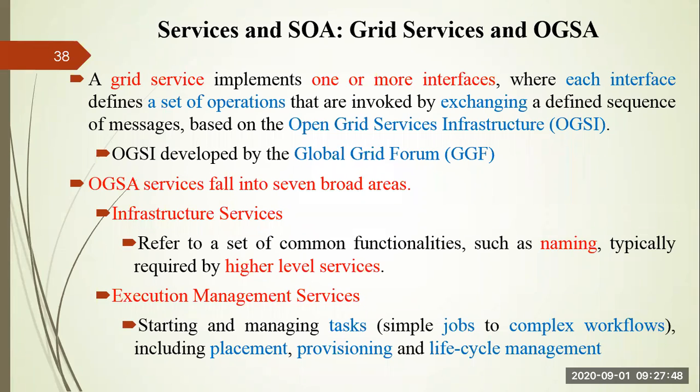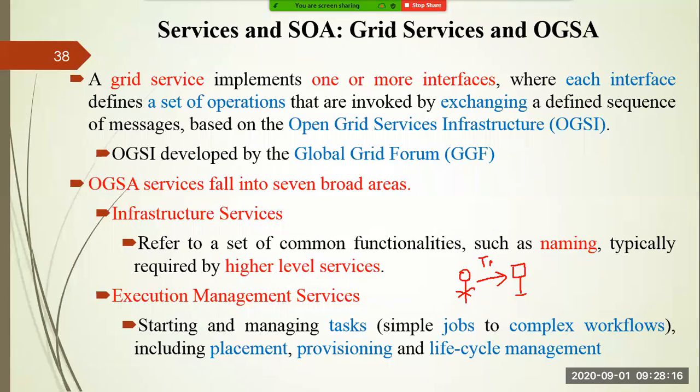The second one is your execution management services. Whenever a user submits work to the OGSA architecture, it makes a request, which we can call a job or a task. The main objective is that the user submits work to this architecture, and this request can be treated as a task.